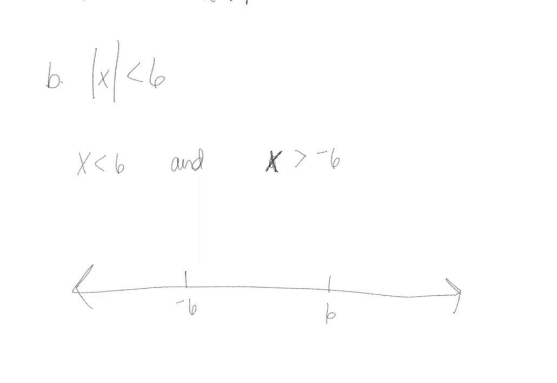So, less than 6. Okay, we got 6. We're going to go to the left. And it gets a parenthesis, or what you consider an open circle, because it's just less than. If it were less than or equal to, it'd be a closed circle or bracket. Okay, x is greater than -6. Let's do this in a different color.